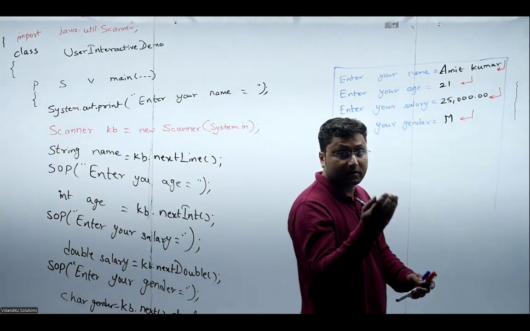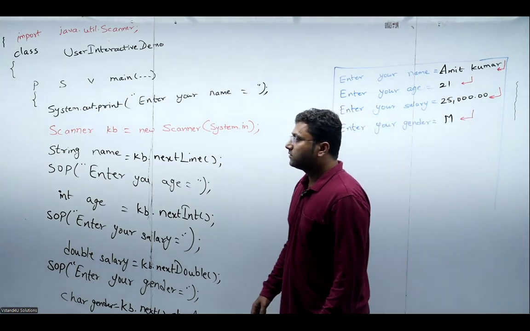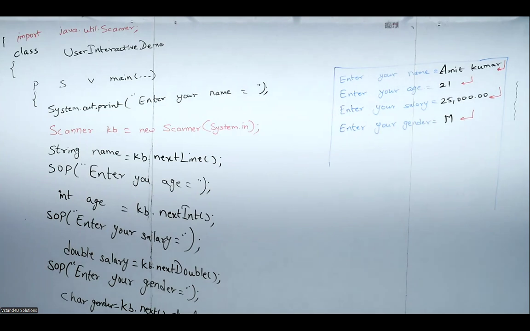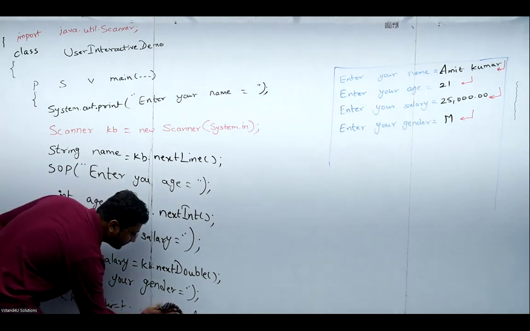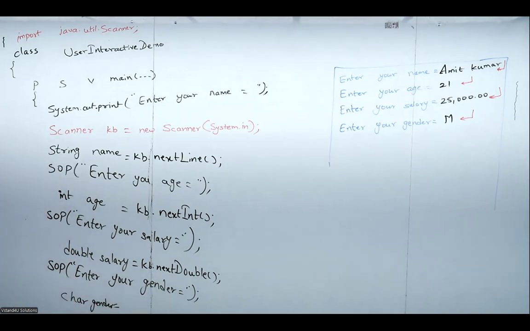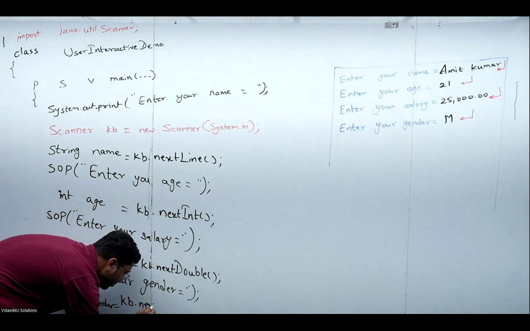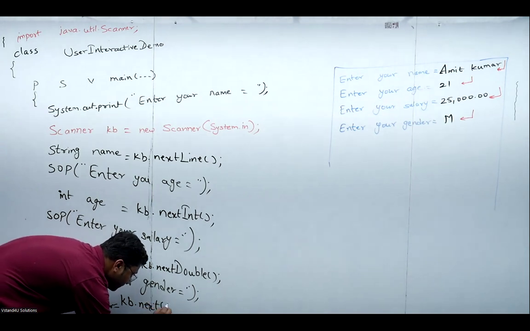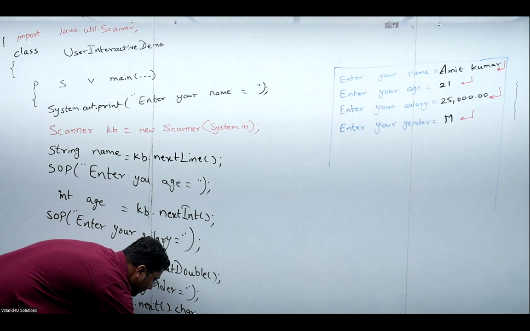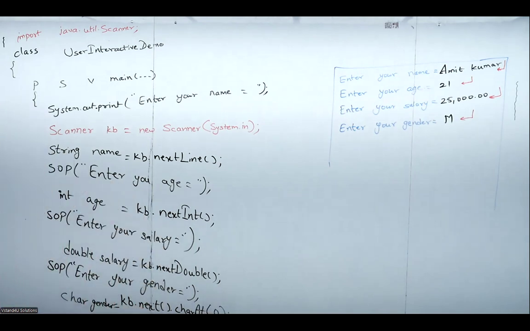I have taken all the data. Now I just need to print the message. Oh, KB.next has gone down. Wait a minute. Let me correct it. Now I just need to say what? KB dot next of char at 0. Am I right? This is the last thing.